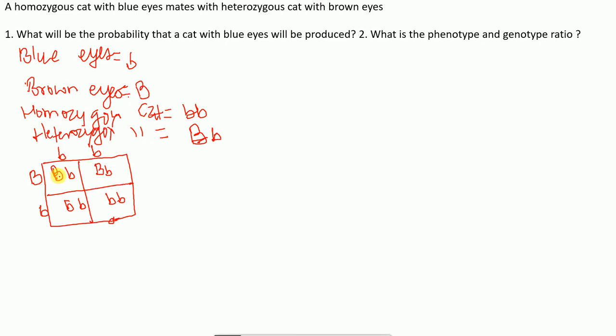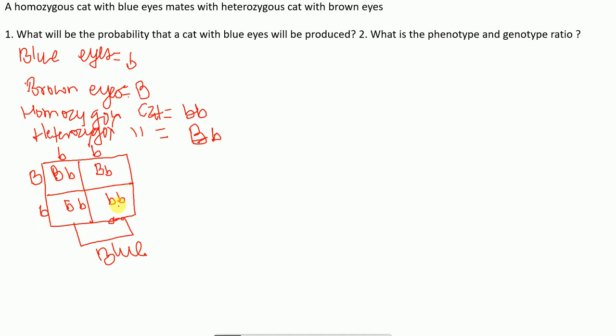So here we will have a brown cat, here a brown cat, whereas here small b and small b we will get a blue cat, and small b and small b here we will get a blue cat. So in these two situations only we will get a blue cat, so out of 4, in 2 cases we will have a blue cat.